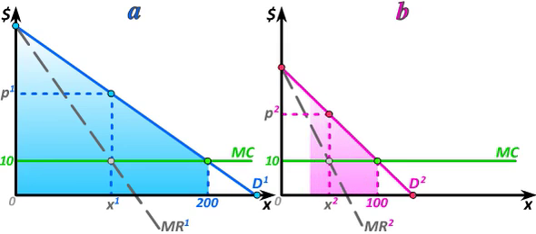Under perfect price discrimination, total revenue for the monopolist would therefore be the entire shaded area, leaving the monopolist with a surplus of the triangle above the green marginal cost up to the demand curve. But under third-degree price discrimination, the surplus for the monopolist would only be the vertical distance P2 minus 10 times the horizontal distance X2.